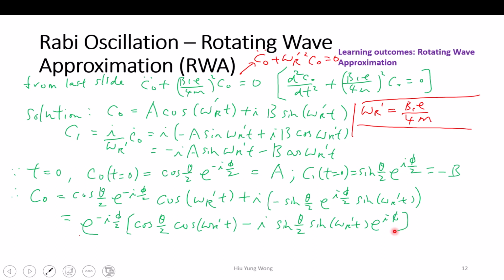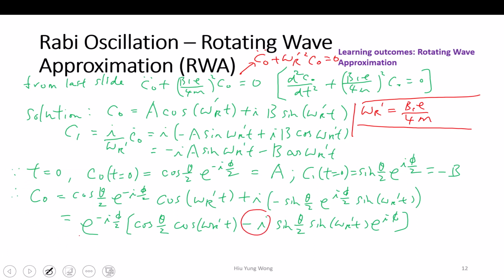Why is that? Because this one times e to the power I phi equals e to the power I phi over 2. I just take out a common factor, e to the power negative I phi divided by 2. And then I will have the cosine theta, cosine omega R dash t minus I sine theta, sine omega R dash t.